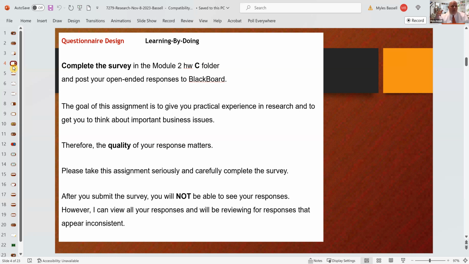And again, we talked about the different types of scale. By completing this questionnaire, you're gonna get firsthand experience completing research, and you're also gonna become very familiar with research in action, right? You're going to be able to see what a questionnaire looks like that uses nominal scale, that uses ordinal scale, that uses interval scale.